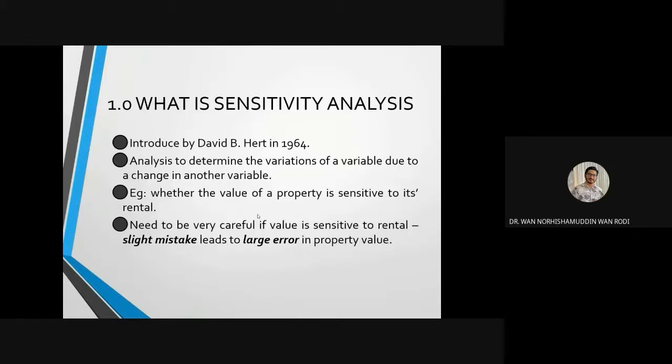In this context, a slight mistake will lead to error in property value, because we are going to lose out in the value of the property since our income is lesser than what it's supposed to be.